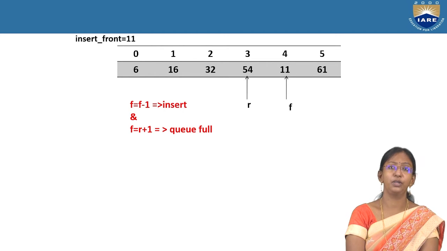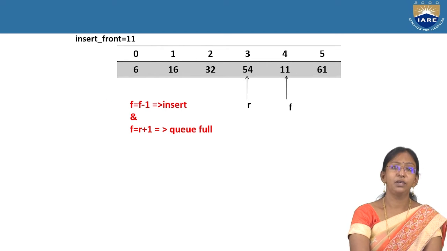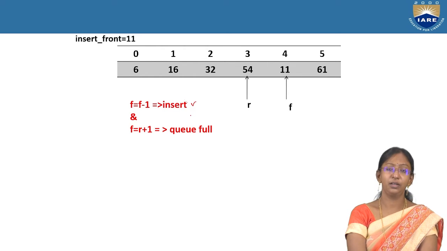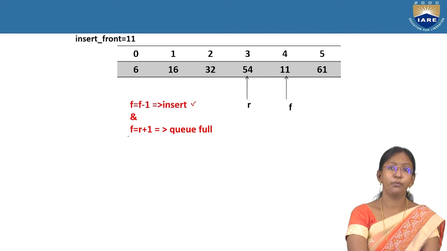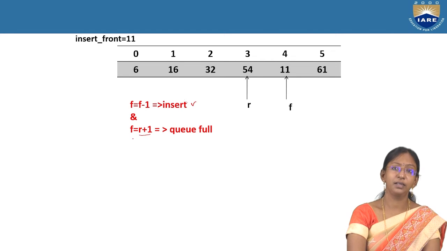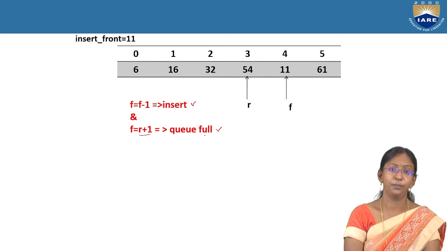Double-ended queue, DQ, right? So I have decremented it. Now you can see a condition over here. The index value that the front points to, that is the value of f, is equal to r plus 1. This is the condition which tells you that the queue is full.